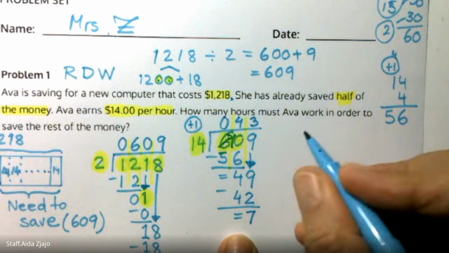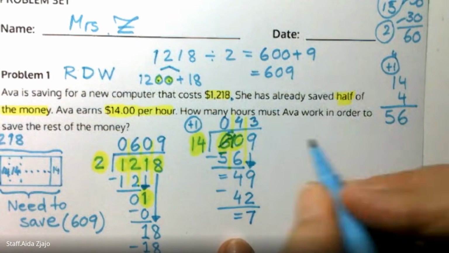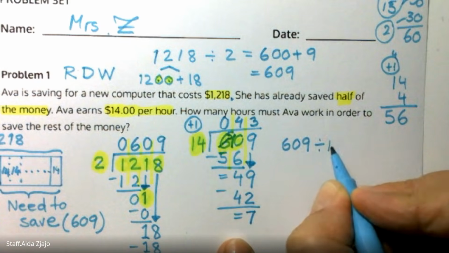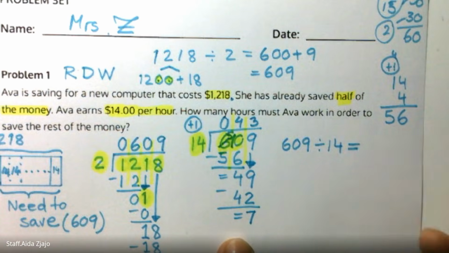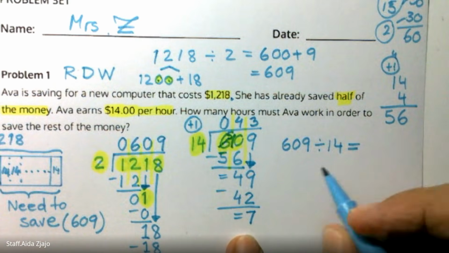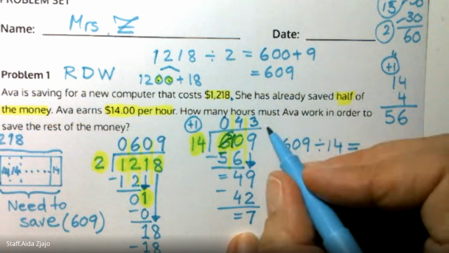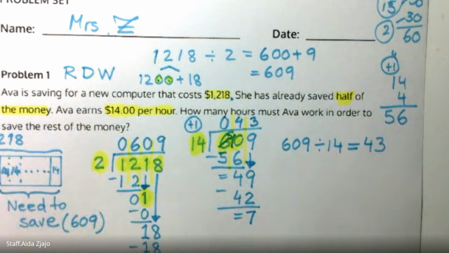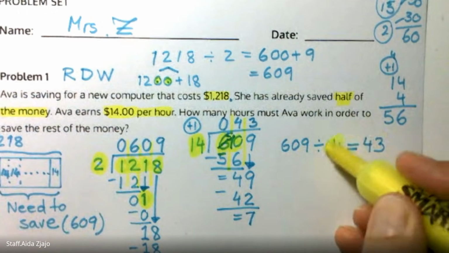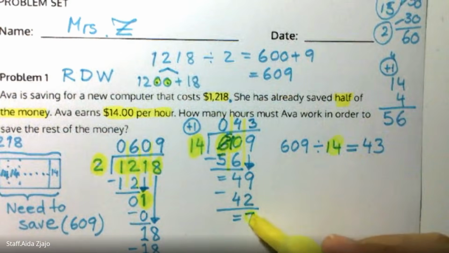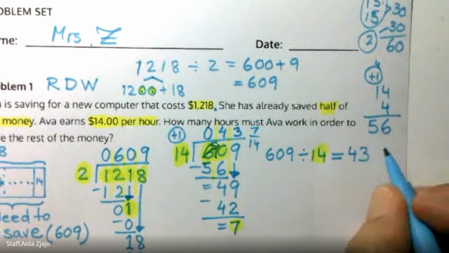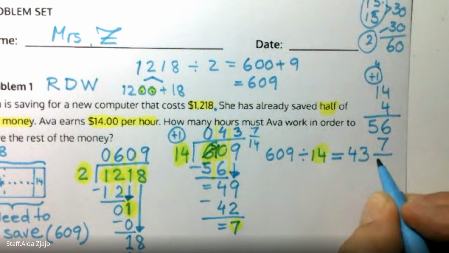So 5th grade needs to know, if this is my problem, 609 divided into 14, my answer could be shown as a fraction. I will have 43 groups of 14, and I will have 7 out of 14 left. So 7 out of 14 left, or we can say 7 14ths.